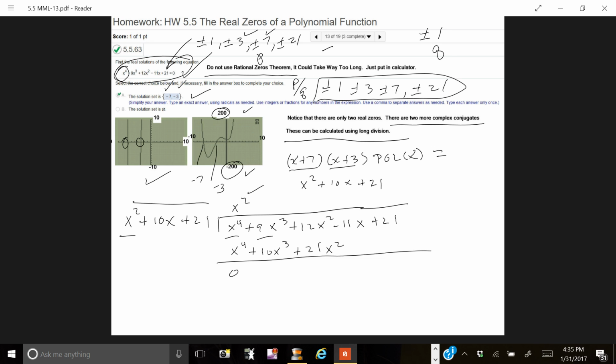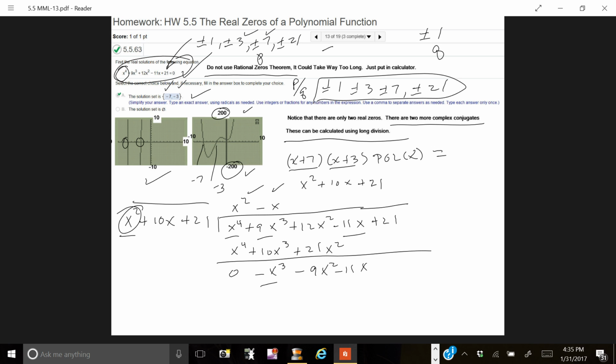9x cubed minus 10x cubed is minus x cubed. 12x squared minus 21x squared is minus 9x squared. And bring down your minus 11x and divide x squared into minus x cubed, and you get minus x.